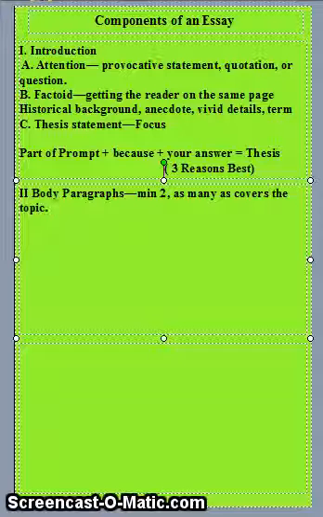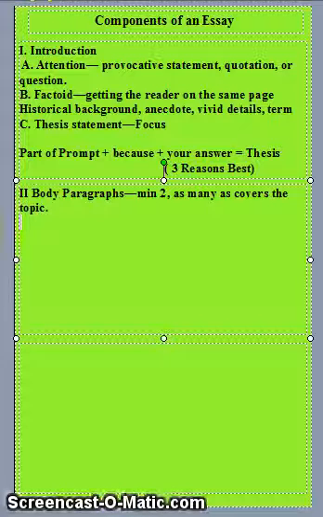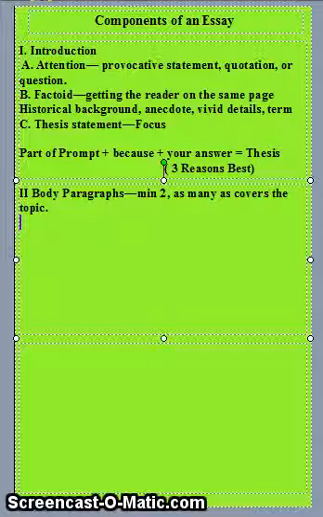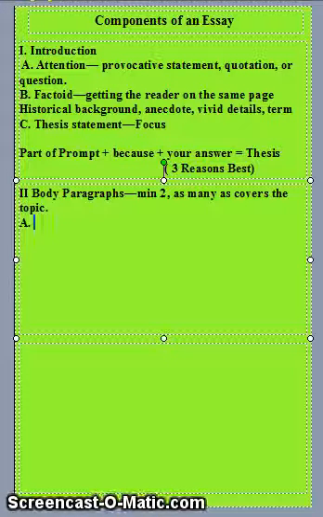So as you get further on into your college studies, you may have to have 10 or 15. It just depends. And that's one of the things that you need to look at when you look at the prompt. And you look at the professor and you say, how many words? What am I looking at? The professor's going to look at you and say as many as covers the topic. So don't try to cut yourself short by doing the minimum, because that's only going to make matters worse.